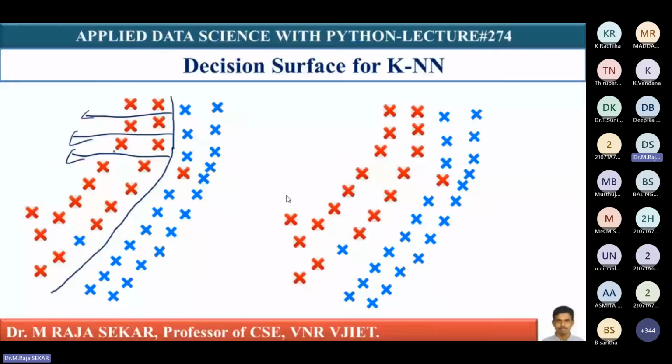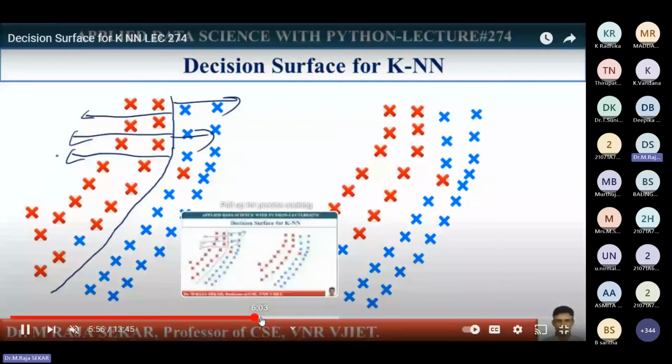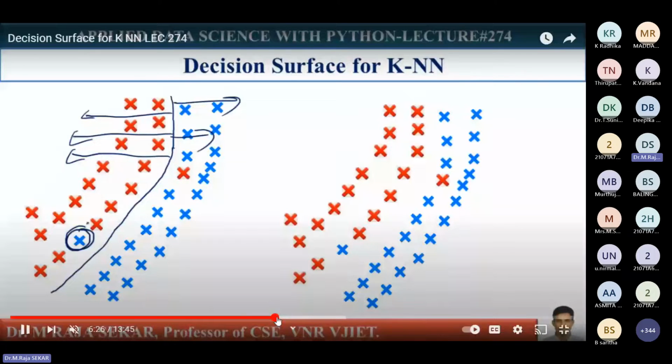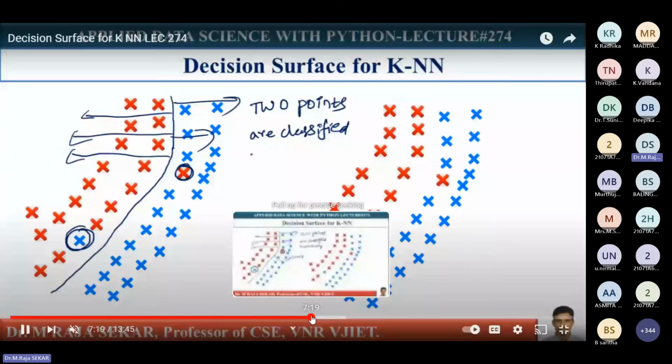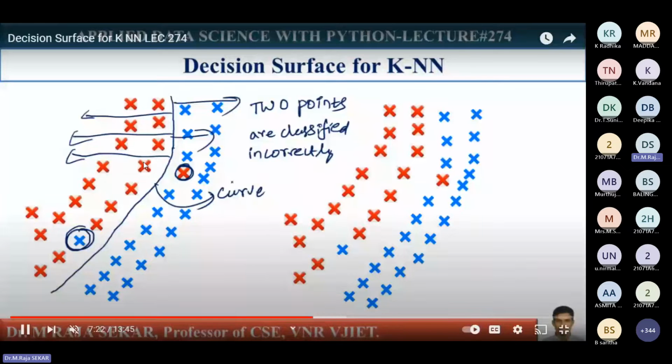Unfortunately, there is one misclassification. Which one is misclassified? There is one blue point on the red side and there is one red point on the blue side. Two points are classified incorrectly.